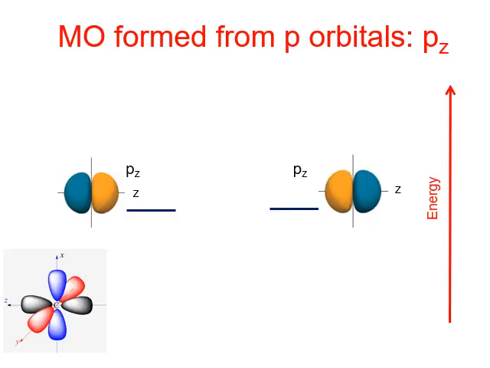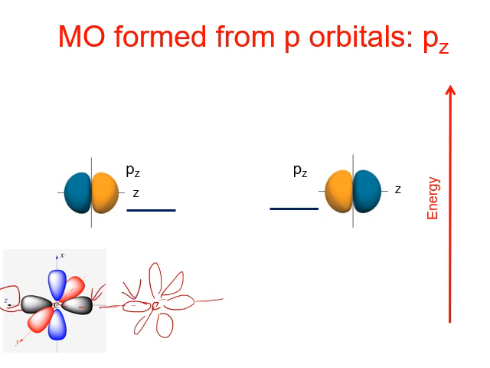So far we showed the molecular orbitals formed by s orbitals. What happens if p orbitals interact to form molecular orbitals? Now we know there are 3 p orbitals, px, py, pz. So if two atoms approach each other, if this direction is the z direction, so the two atoms approach each other along the z direction, what happens to these pz orbitals?